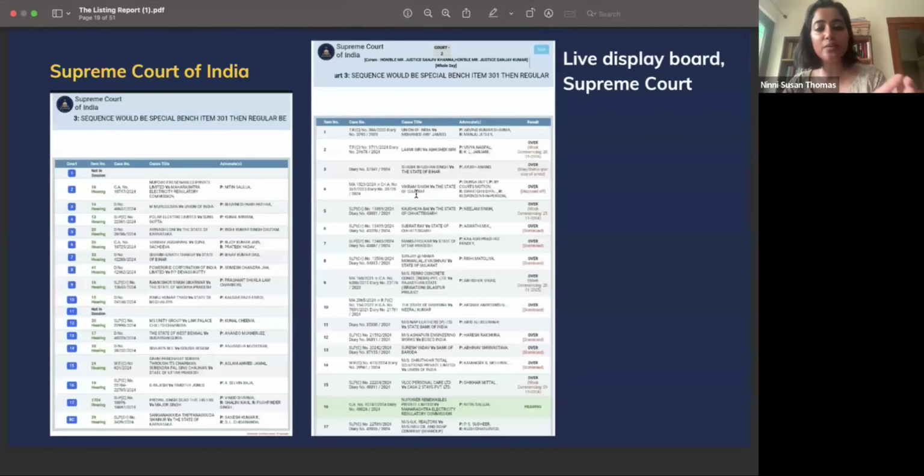Or recently, the Supreme Court has introduced something like a live display board. It's not completely there yet, but it's definitely better than earlier. Otherwise, you have to either go to the court physically, or look at the live streaming link to figure out what is happening, or ask another lawyer. But now here, you can see the case detail and the result that has happened in that case.